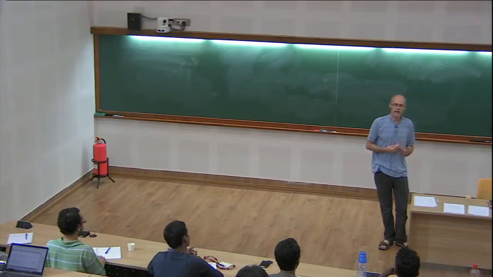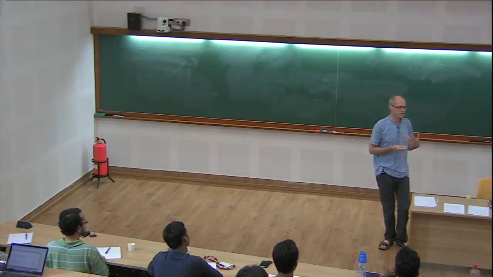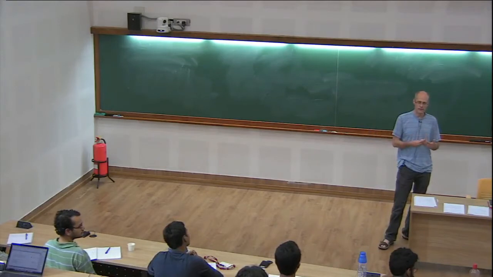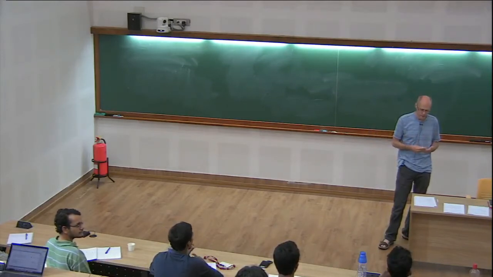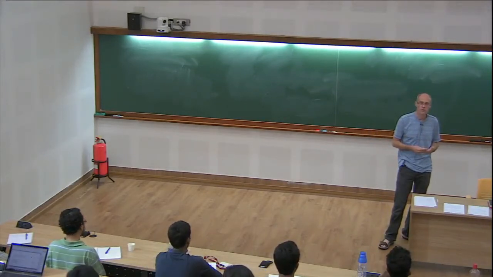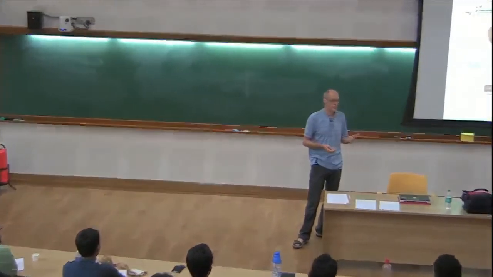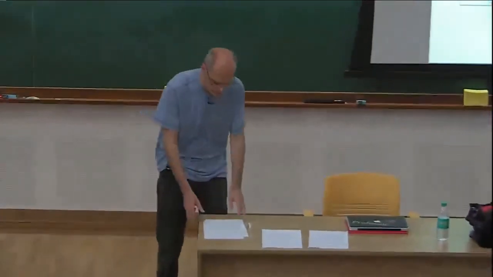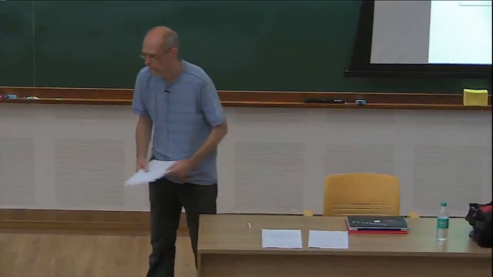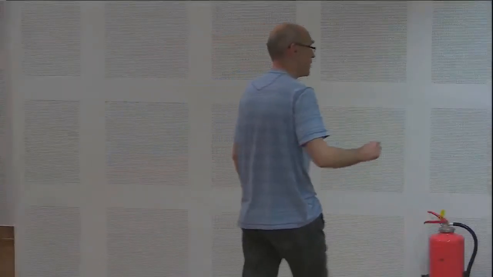Okay, so what I want to do next is, in this list of ingredients that we know and we need, I want to write down something you know, and something I will need tomorrow. But let's write it down anyway. So let's just remind ourselves of something we know, namely the quadrupole formula.